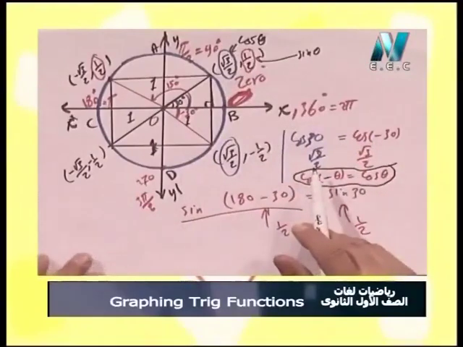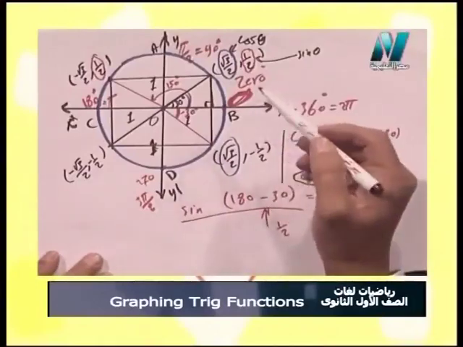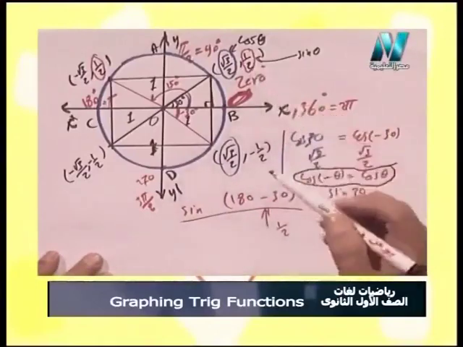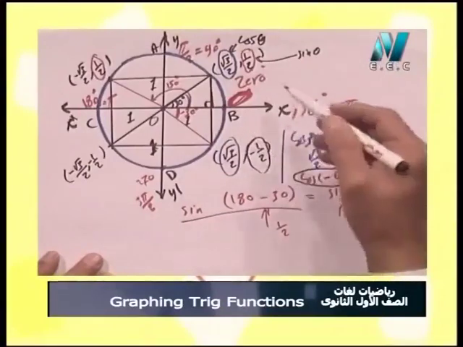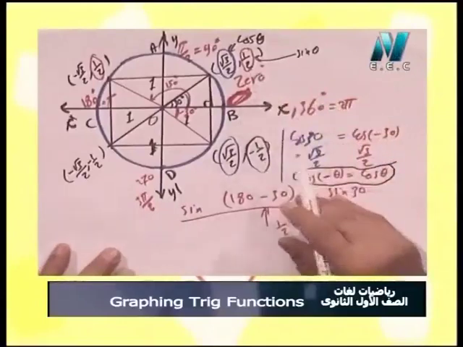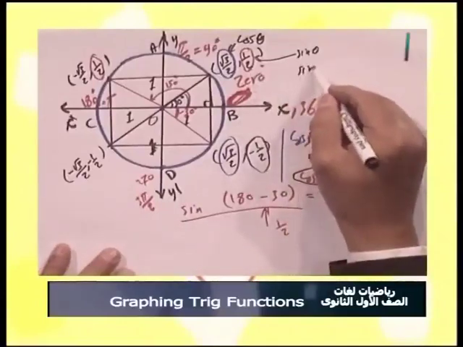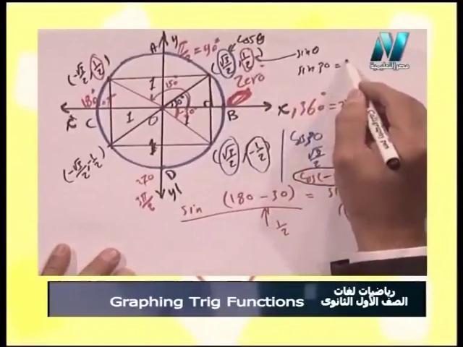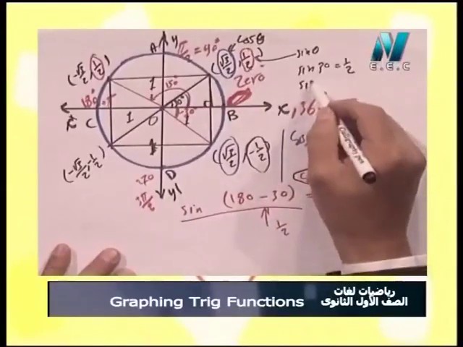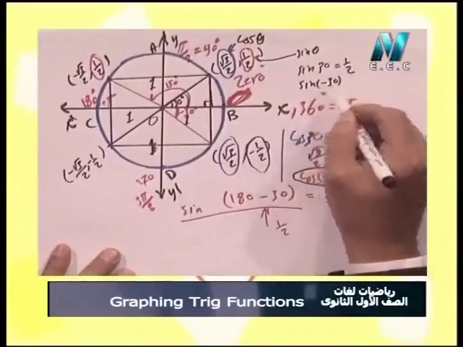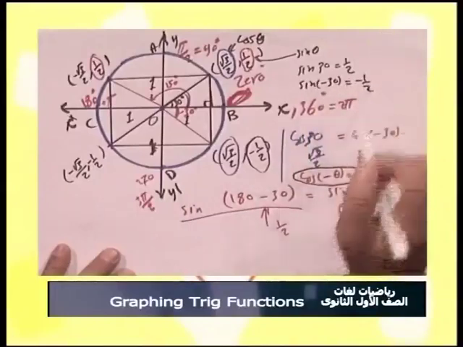But when we study sine, we have here sine equal half, but sine here equals negative half. What is this angle and this angle? This angle is sine 30 equals half, and this angle is sine negative 30 and it's equal negative half.